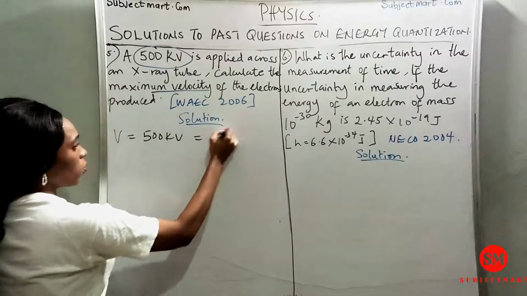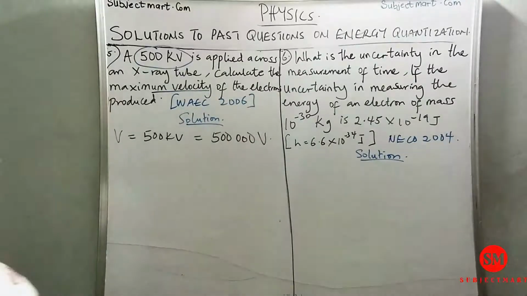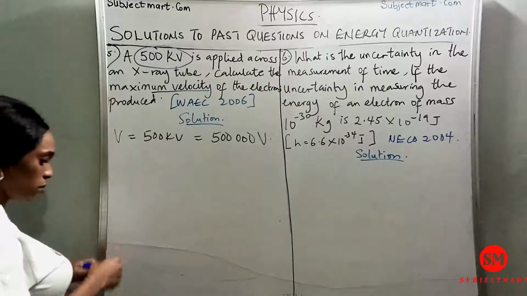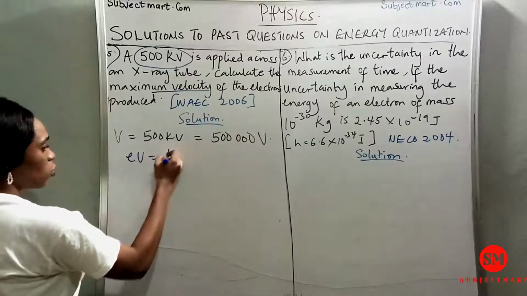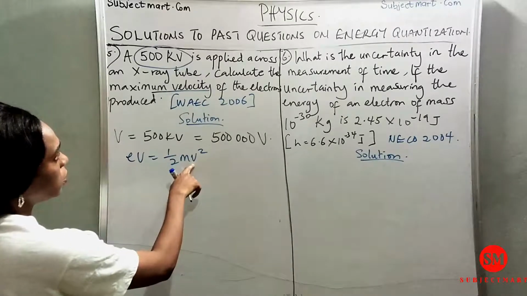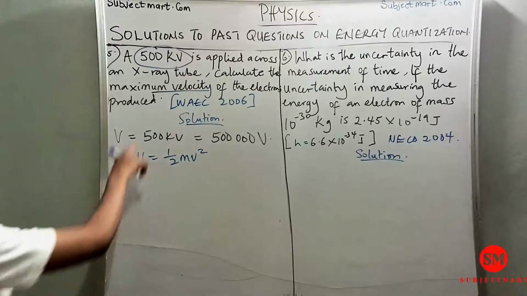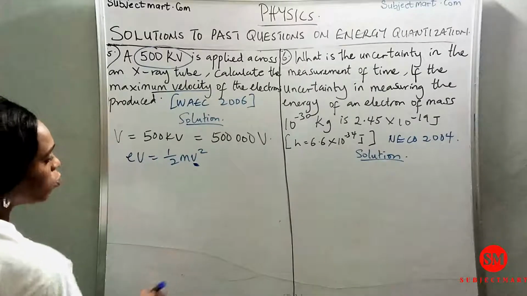So we have 500,000 volts. So you recall from this formula that eV, electron volt, is equal to half mv squared. This is for the kinetic energy. The maximum velocity, this velocity, is what we are asked to look for.